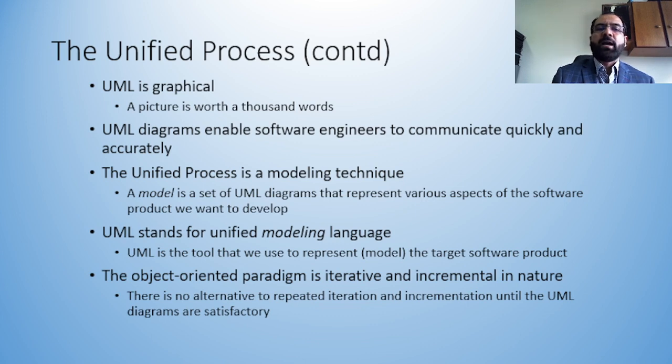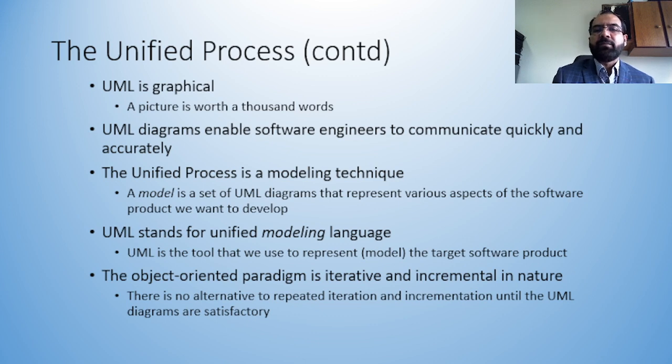So let's suppose if you have a class diagram, it is easier for developers to engage other developers and try to find out what is actually wrong in the particular design. Is there any improvement which is required? Is there any change which is required? Or that design can be further improved. So it speaks for itself.